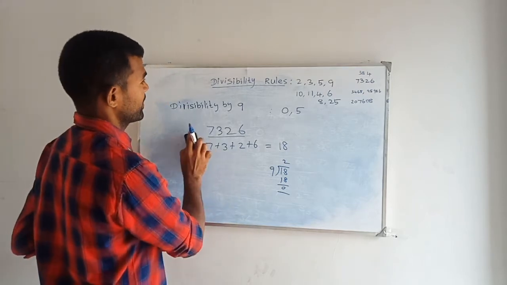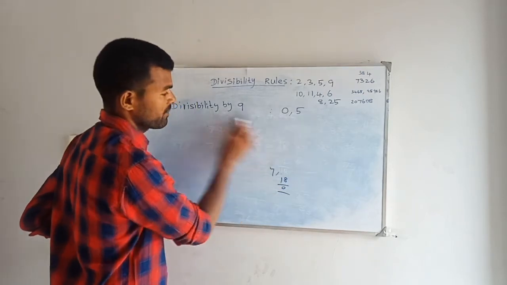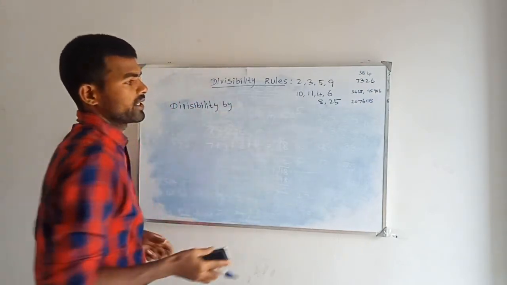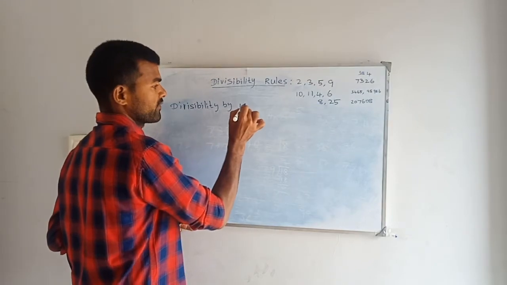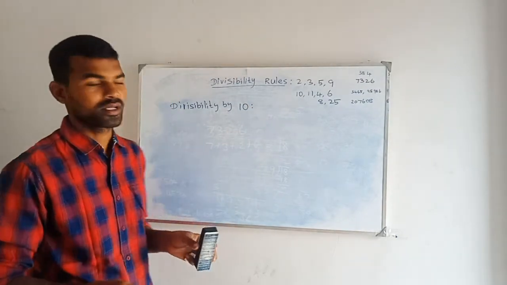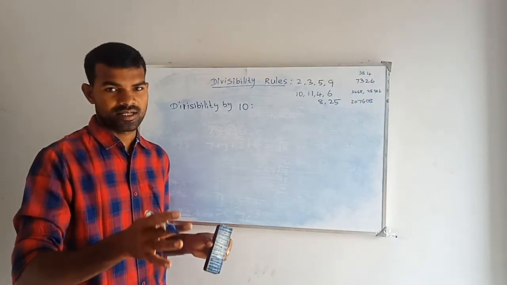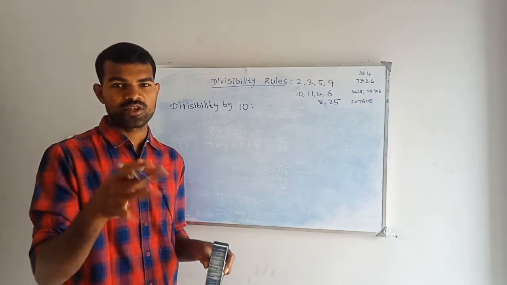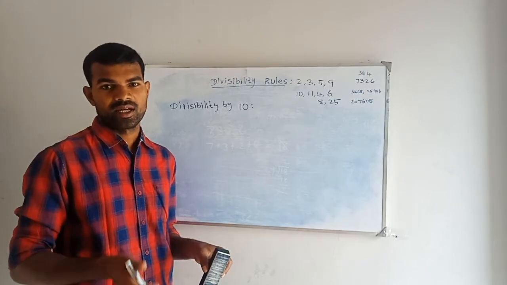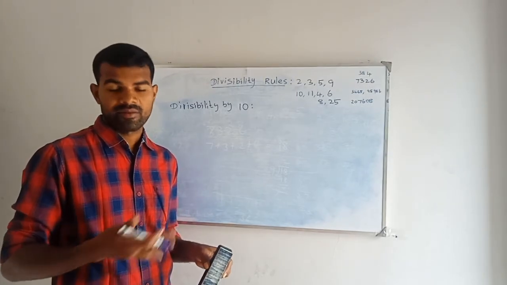Next, let us go for the next rule, divisibility by 10. Divisibility by 10 is the easiest rule. You have to see the last digit. If the last digit ends in 0, then the full number can be divided, like 1000, 1 lakh, 1 crore, whatever it may be.